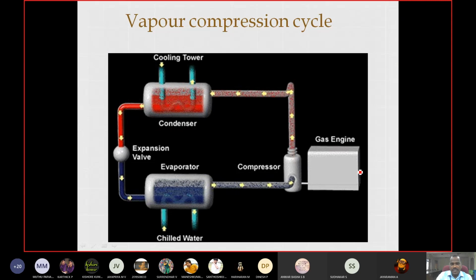So this is our actual vapor compression VCR cycle. In that we have the compressor, evaporator, expansion valve, condenser, then the gas engine. You know why we need the gas engine: to get the refrigerant compressed.